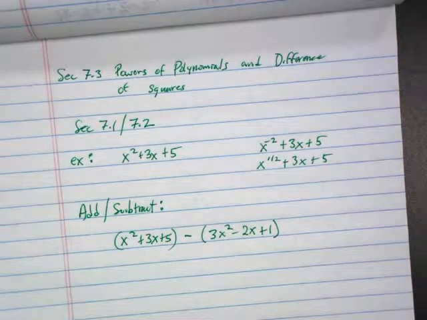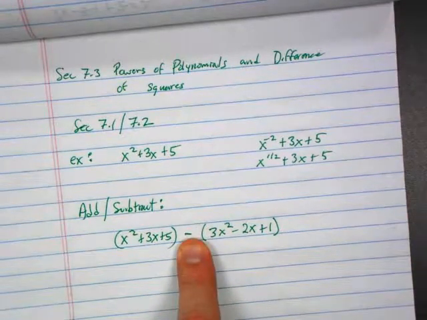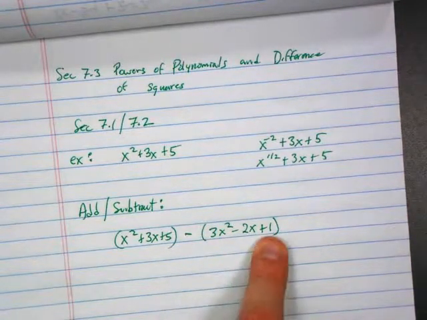How would you subtract those? We take this negative sign and we distribute it through. We change all the signs over here.